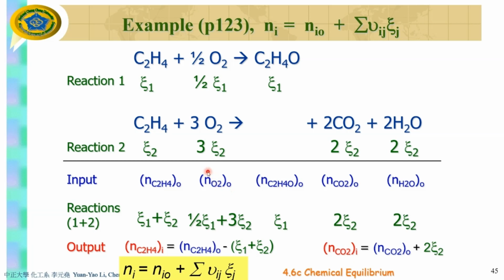Okay, you can make a case of oxygen, or you can make a case of C2H4O or H2O, as you like. So I just want to let you know that for multiple chemical reactions, the mass balance will become final equal to initial plus summation nu times Xc. Okay.